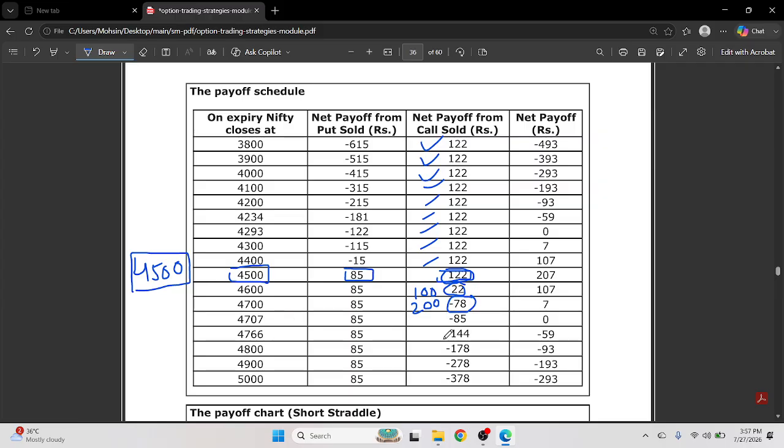Here there would be no break-even point, and you can see the loss is increasing. Here there is a gap of 300 points, but we have received the premium of 122 points, so the total loss would be 178 points. In the same way, the total loss is 278 points, then 317 points. So this is the individual payoff.